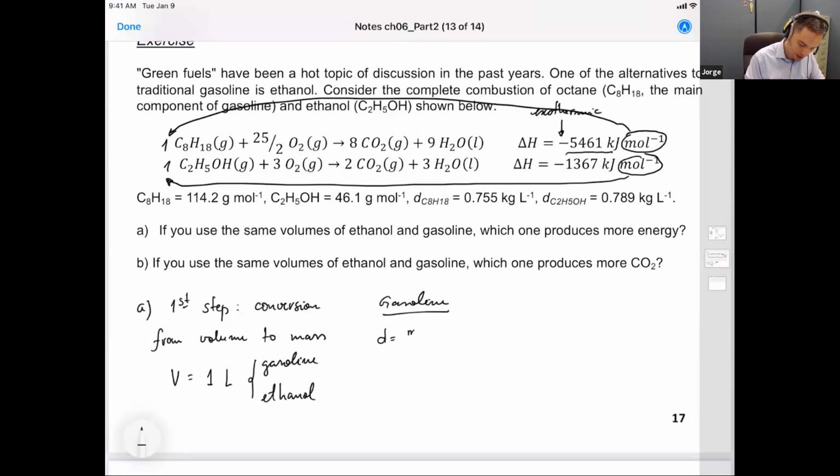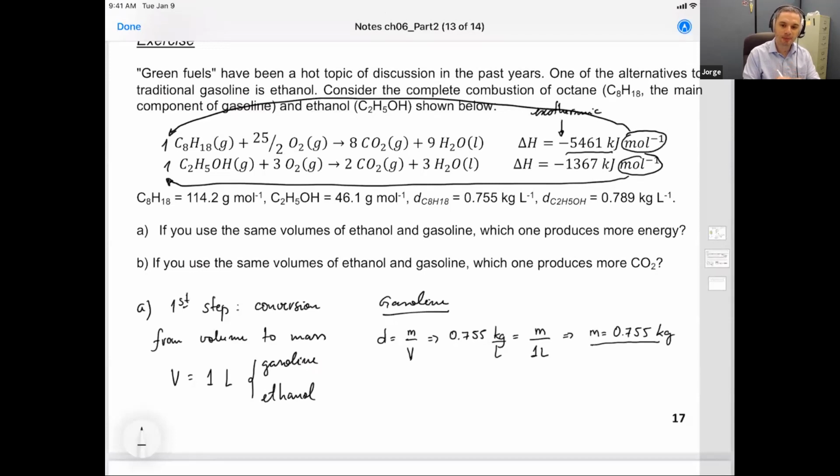Density is mass over volume. Density of the gasoline is 0.755 kilograms per liter. We want to know the mass, and we are using 1 liter. Therefore, we have a mass of gasoline of 0.755 kilograms in 1 liter of gasoline.